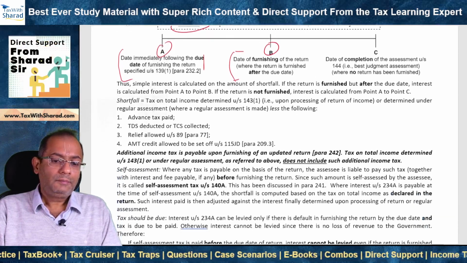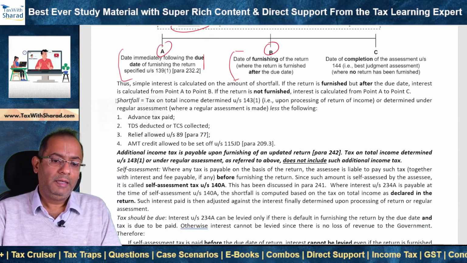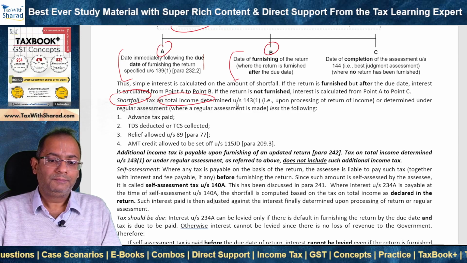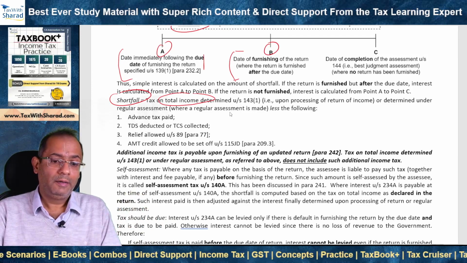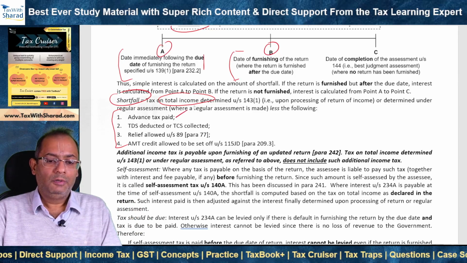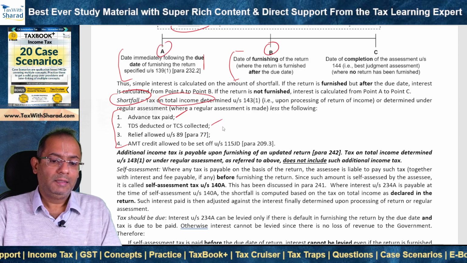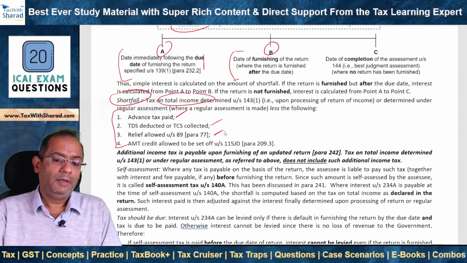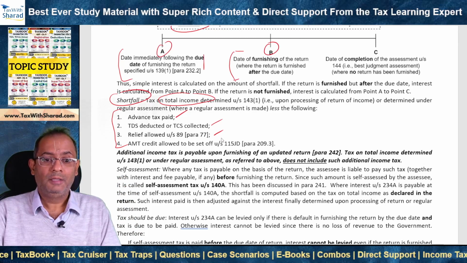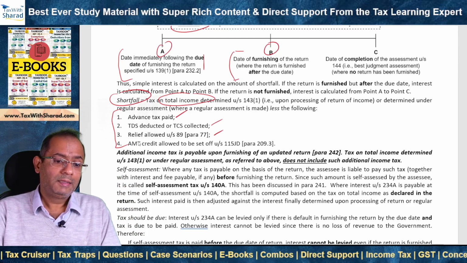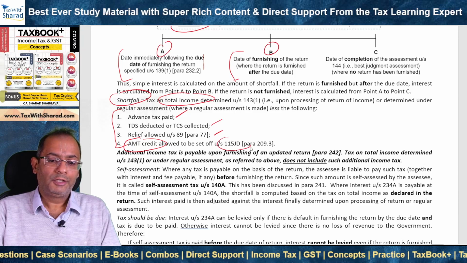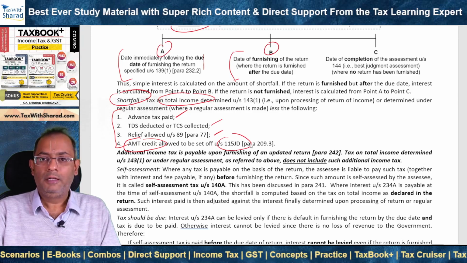And in this context, shortfall will be tax on the total income determined as per the updated return minus prepaid taxes, which could be advance tax paid, TDS and TCS, and the relief under section 89, which is calculated while computing income under the head salaries, and then AMT credit allowed to be set off under section 115JD, alternate minimum tax.